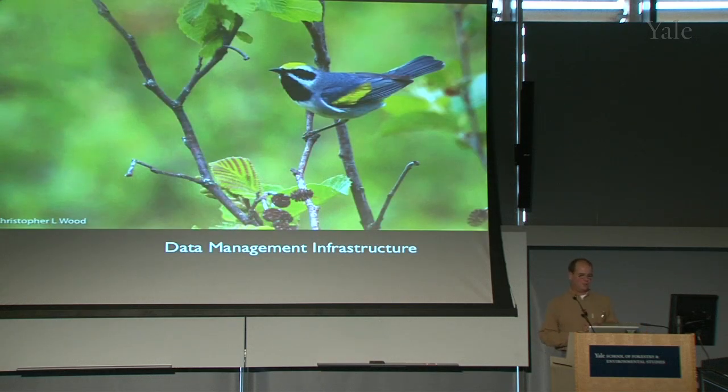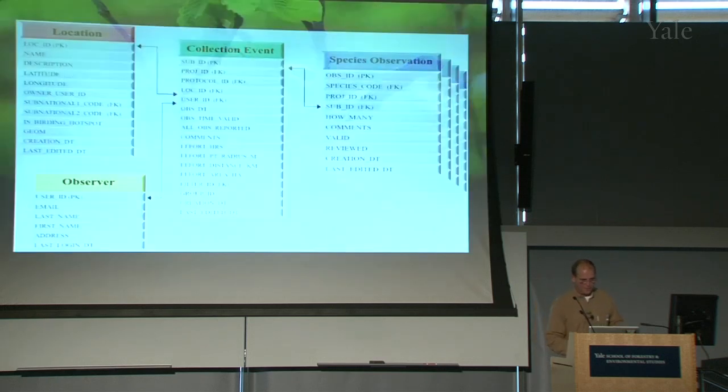So now I'm going to switch a little bit, because in order to make all of this functionality run, you really need to develop and manage and maintain the expense of a data management infrastructure that allows you to develop and produce tools and functionality in the same time period that people expect over the internet.